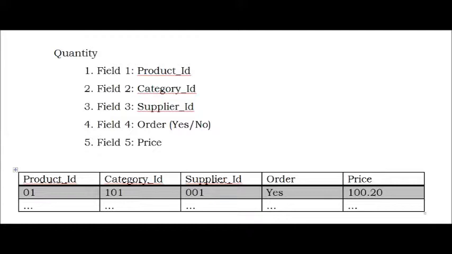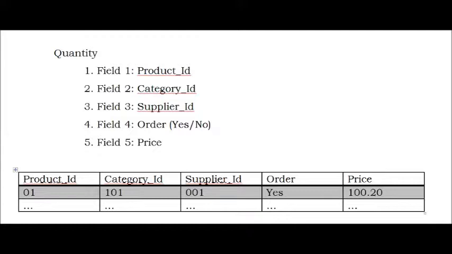So for example, we have the product ID 01, the category ID is 101. For example, our product is Highlands canned goods, and the category is canned goods.